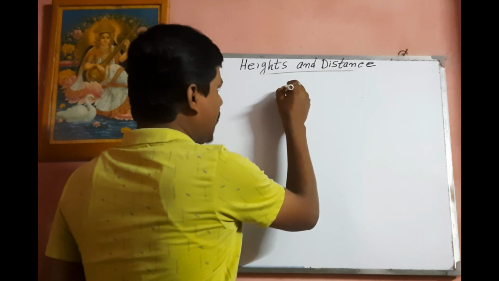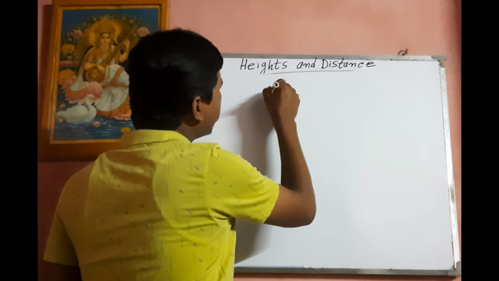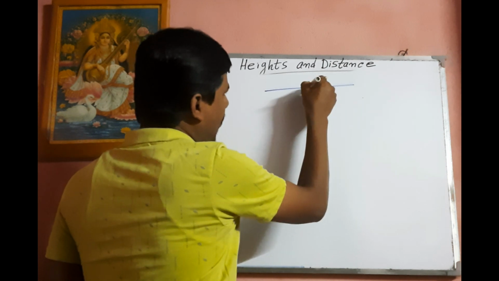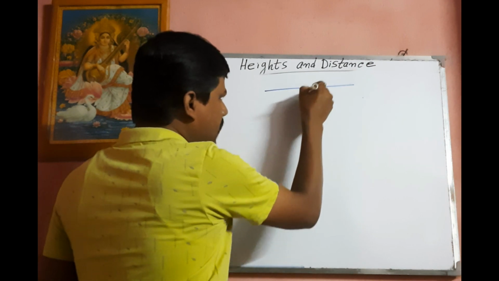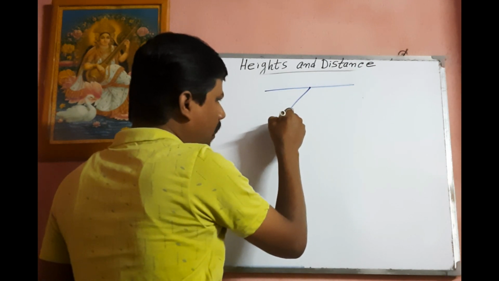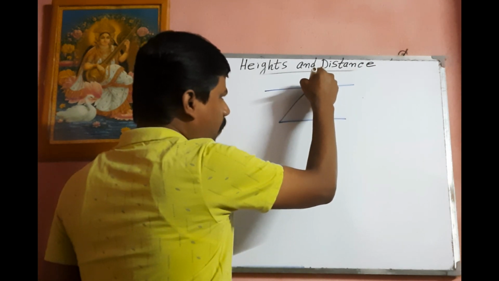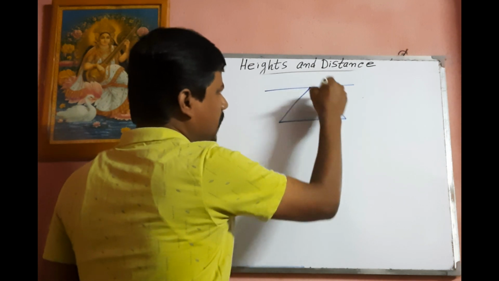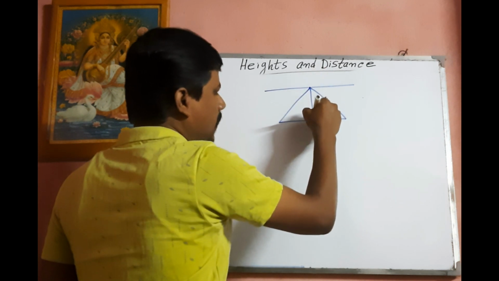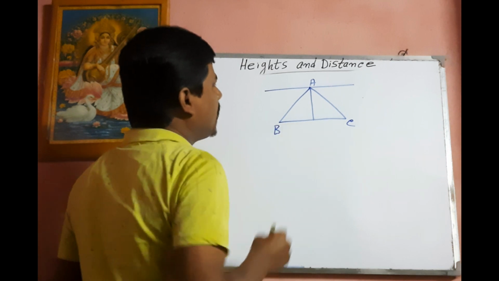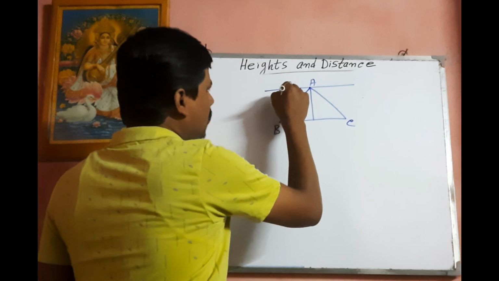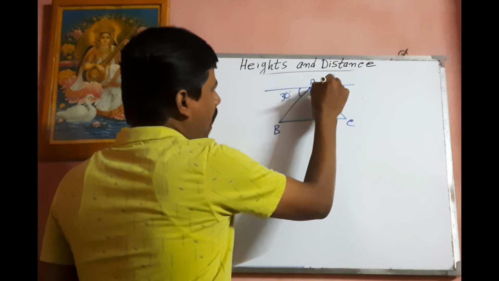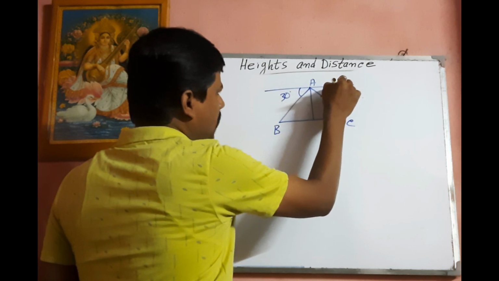Now we move to the next example. Suppose a man in an aeroplane sees two different places, B and C, at the angle of depression 30 degree and angle of depression 60 degree.